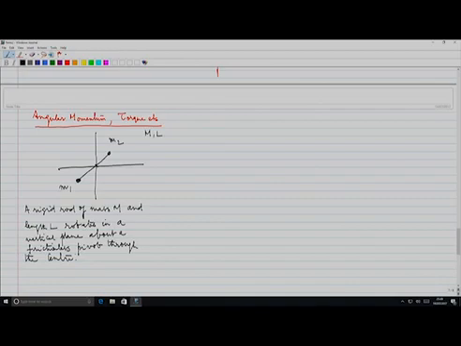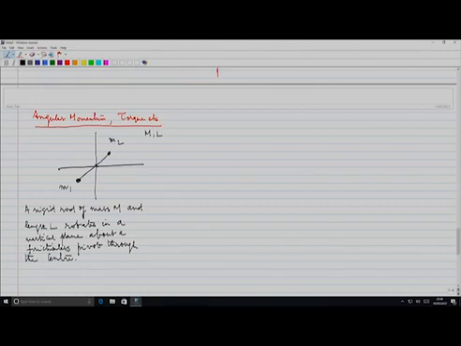Okay. Now, this frequency is given, let us say. So once the omega is known, linear velocities of m1 and m2 can be calculated.